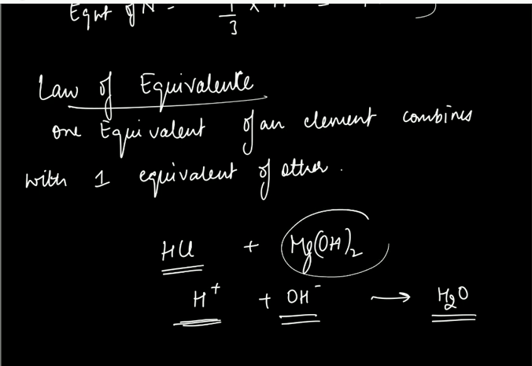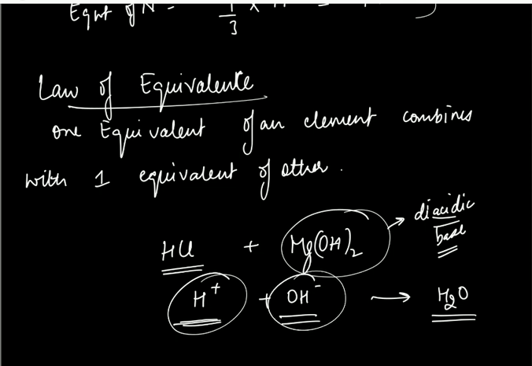But over here, magnesium hydroxide is a diacidic base. Diacidic means it can release two H positive ions. So what is the law of equivalence saying? When it comes to neutralization, only one H positive ion and one OH negative ion are going to be required from both counterparts in order to get neutralized.